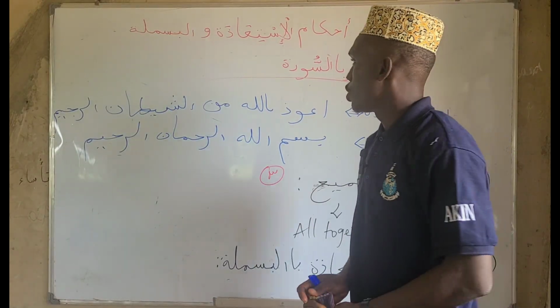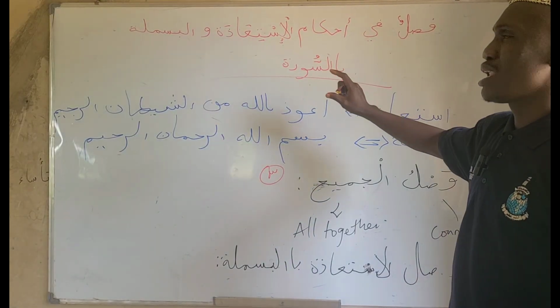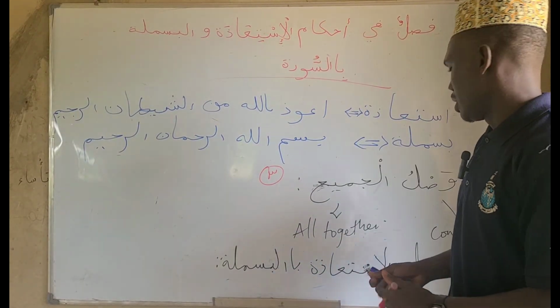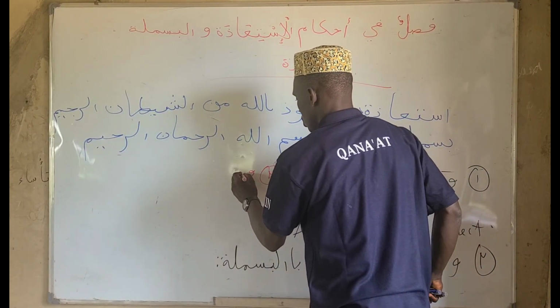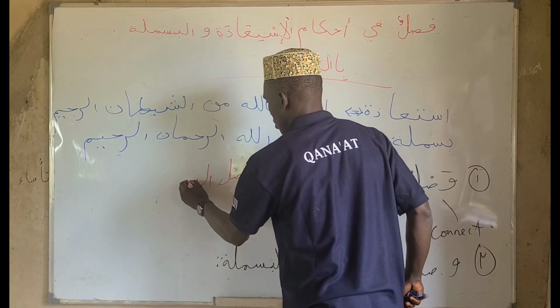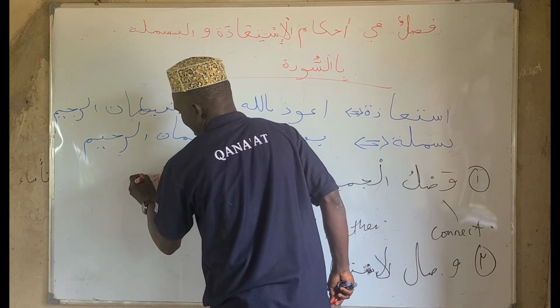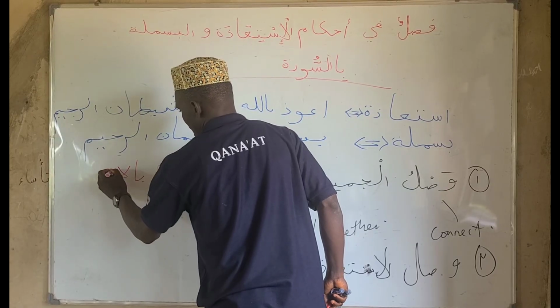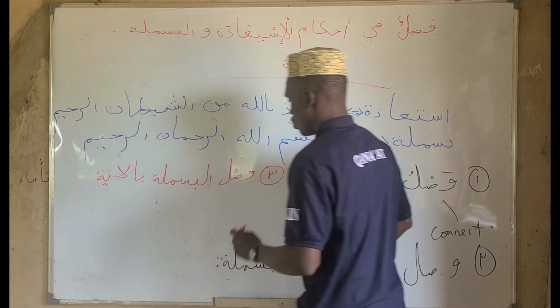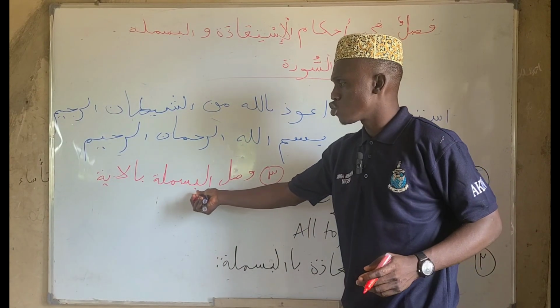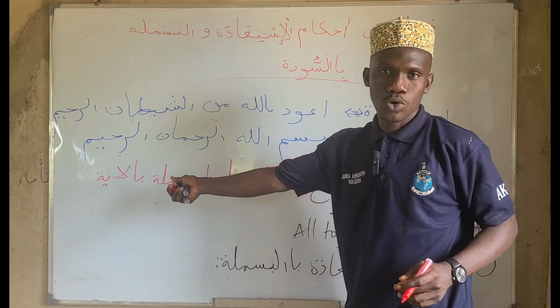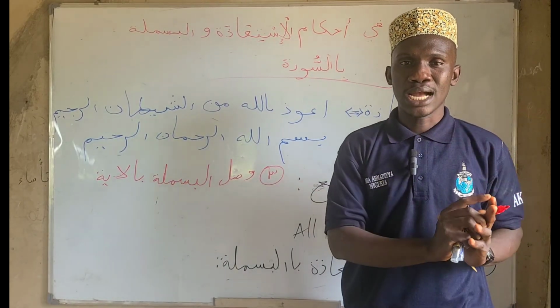The third way in which you can read Isti'ādhah, Basmalah with any verse of the Holy Quran is Waslul Basmalah bil ayah. It means you are going to join Basmalah with the ayah that you want to read, and you read Isti'ādhah separately.